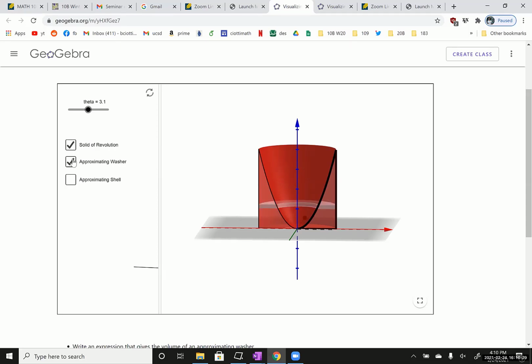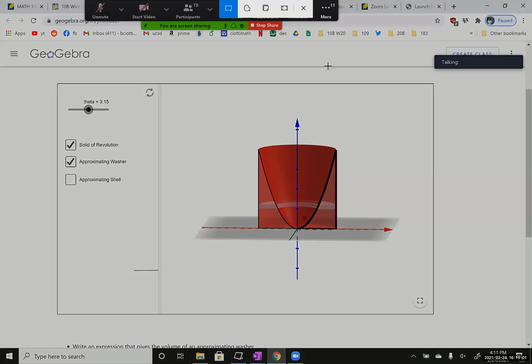The cross sections look like, well, the word that they use is a washer. It's also called an annulus, and I'll explain that in a second. But right now, when I turn on the approximating washer, that is the cross section that we need to find the area of. So I'm just going to use this picture here.